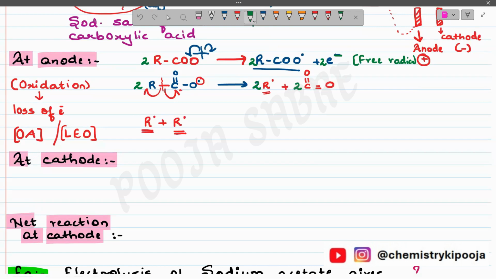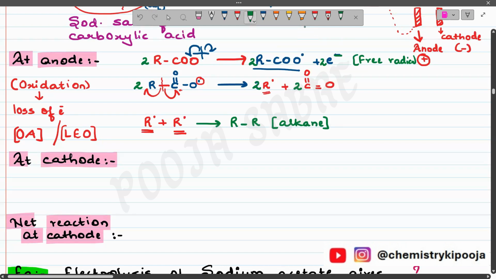And then these R and R free radicals are going to combine with each other to form R bond R. So this R bond R is nothing but a higher alkane, isn't it? So if I'm having one R in the product, I'm having R bond R, right? So we have prepared the higher alkane.